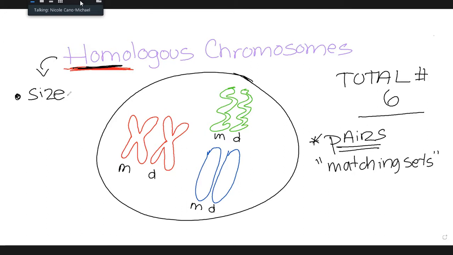I mean, they're a little tiny bit different. These pairs, these matching sets, all have the same traits on them. Remember, sometimes we also use that word alleles. And those traits or genes or alleles that code for your eye color or your hair color or your height, those are all in the same locations. So what the heck do I mean by that?